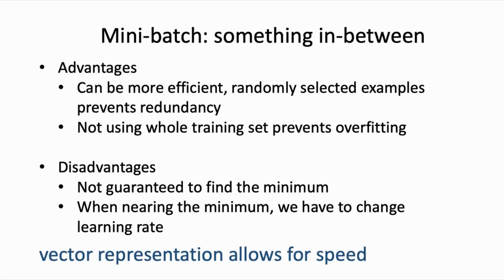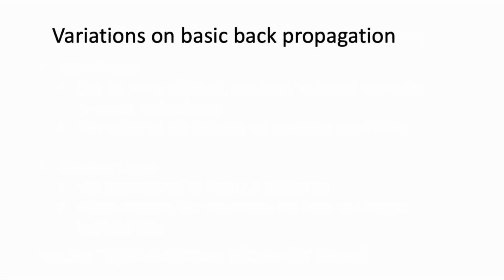There are also other variations to the basic backpropagation algorithm. These variations are specific tricks designed to help the neural network find the minimum of the cost function more effectively. I won't go into the details of each of these variations, but here are some names in case you see them in the future and you'll have an idea of where they fit in the scheme of things. Momentum is a very common variation to backpropagation.